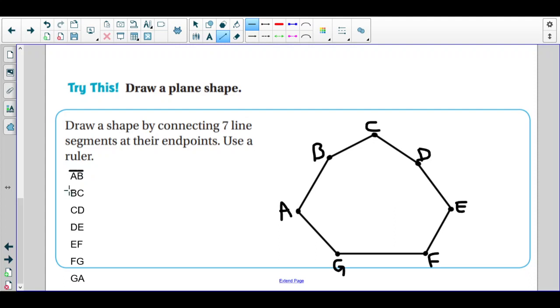Well, let's see. There's 1, 2, 3, 4, 5, 6, and 7. So there's our 7-sided object.